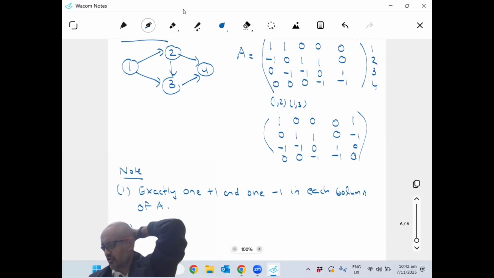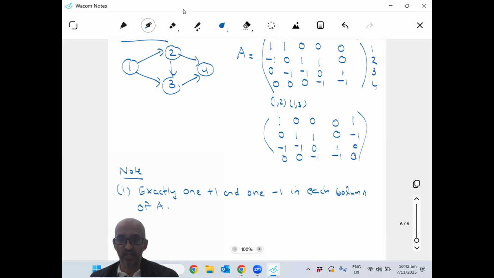Note 2, which is different: a property of this incidence matrix is that the rows of this matrix are not linearly independent. There is a dependence in these rows. Why is this the case?